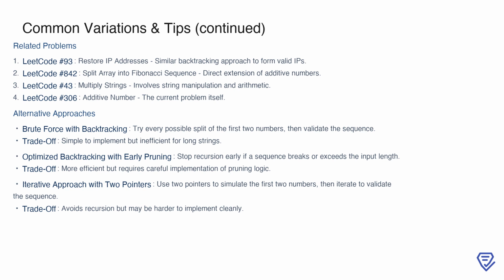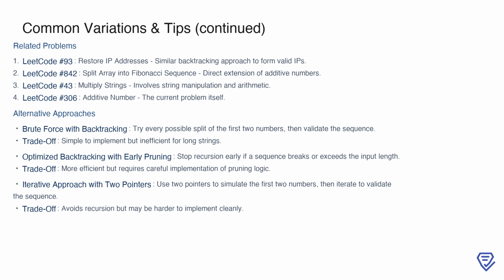When considering alternative approaches, you have a few options. A brute force backtracking method tries every possible split for the first two numbers and validates the sequence. While simple to implement, this is inefficient for long strings. Optimized backtracking with early pruning can improve performance by stopping recursion when a sequence breaks or exceeds the input length.